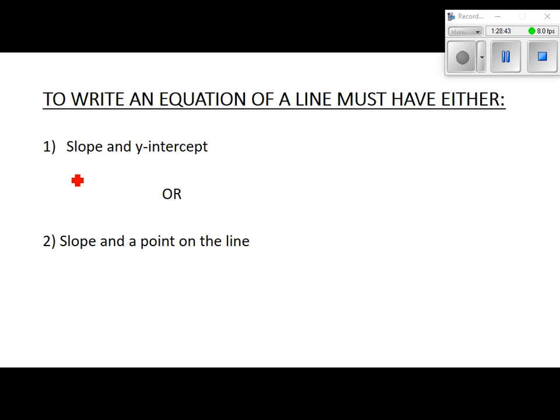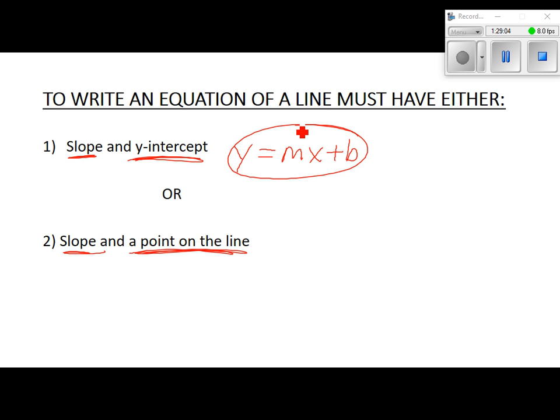So again, to write an equation for a line, either you have to know slope and the y-intercept, or slope and some point that's on the line. And we can write an equation in one of those 2 forms, either in y equals mx plus b form, that's slope-intercept form. Again, don't get this confused. This is slope-intercept form of a linear equation.